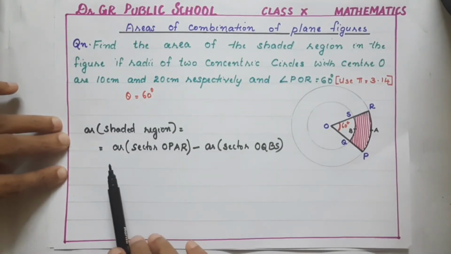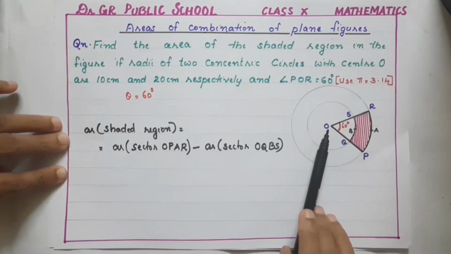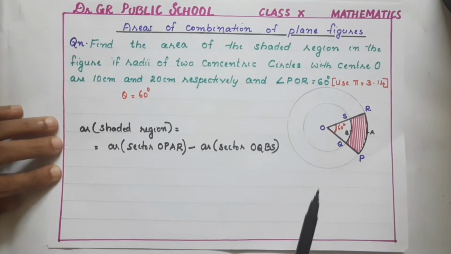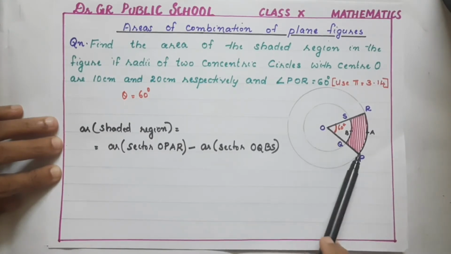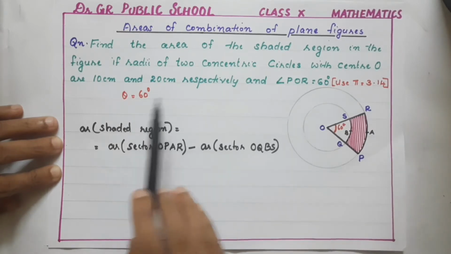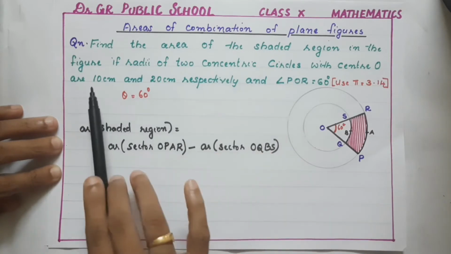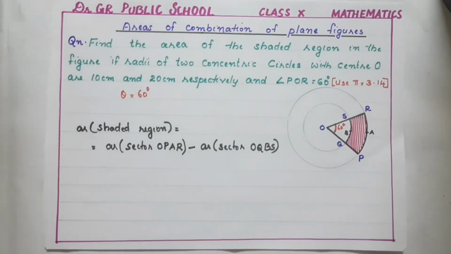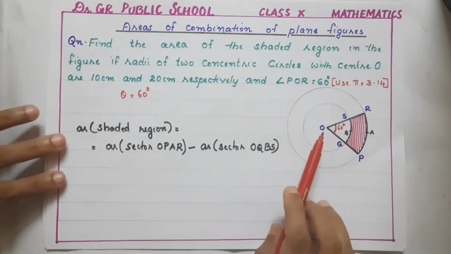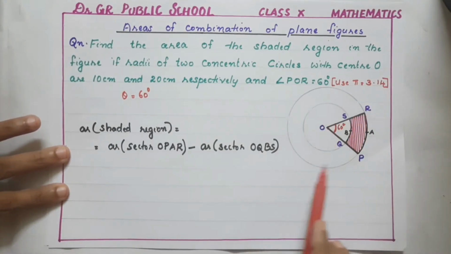To find the area of this larger sector, we need the radius of this larger sector. What is the radius of the larger sector? This much. Is it given in the question? Yes, the radii of both the circles are given: 10 centimeter and 20 centimeter. So the larger sector is the sector of the larger circle.